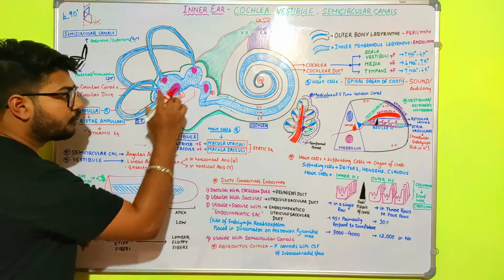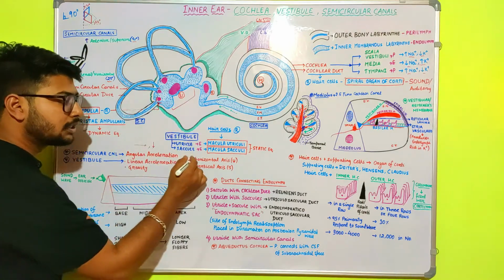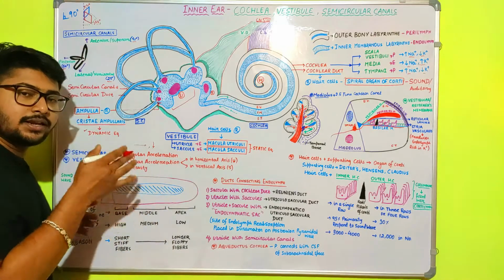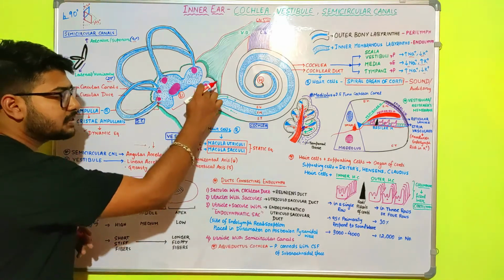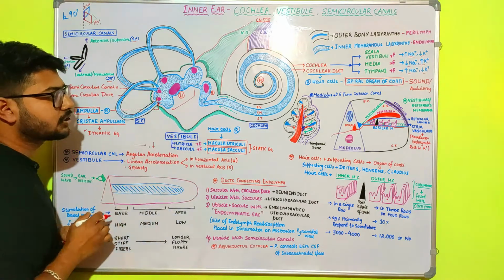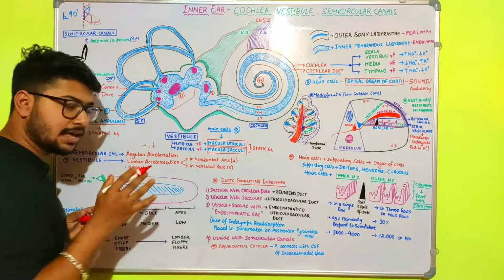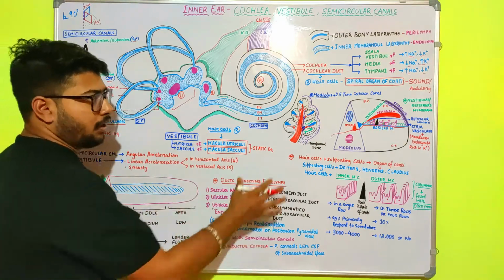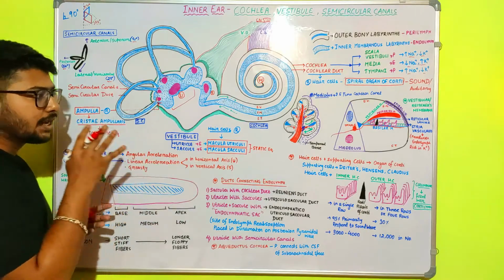As the utricle is present in a horizontal way, it regulates linear acceleration in the horizontal axis, and as the saccule is present in a vertical direction, it maintains linear acceleration in the vertical axis. So these are the physiological functions of the inner ear.